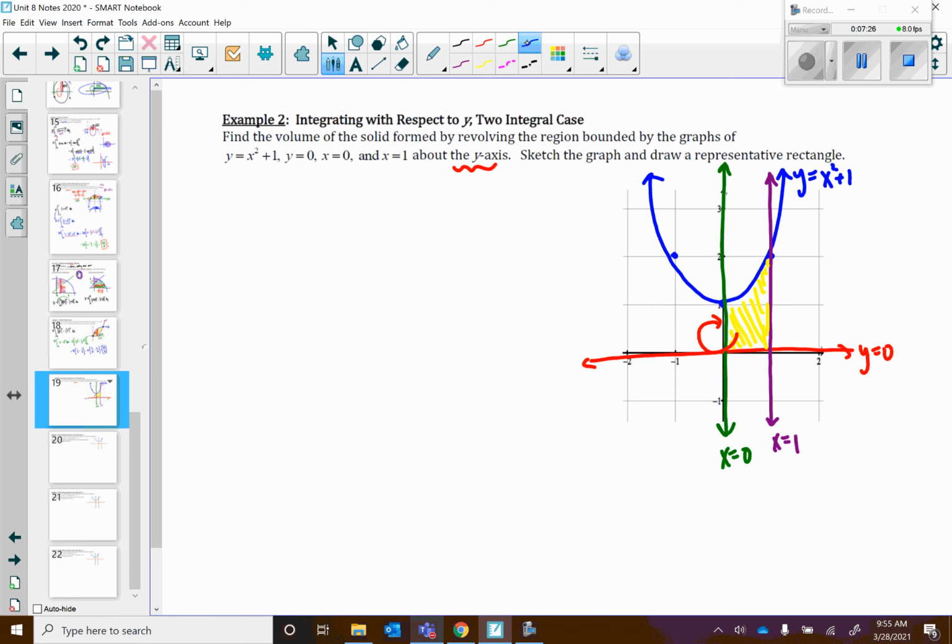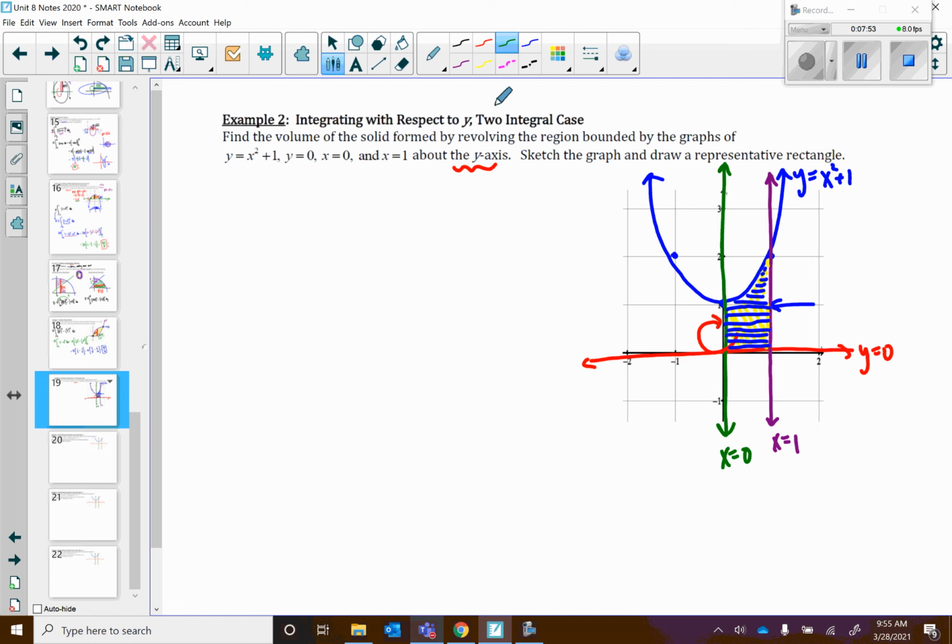So let's think about it for a second, because what's kind of important about this problem is notice as I go from, so we're going around the y-axis, so I'm going low to high, right? These are my rectangles. Up until this point right here, I really only have one function to worry about, specifically the line x equals 1.